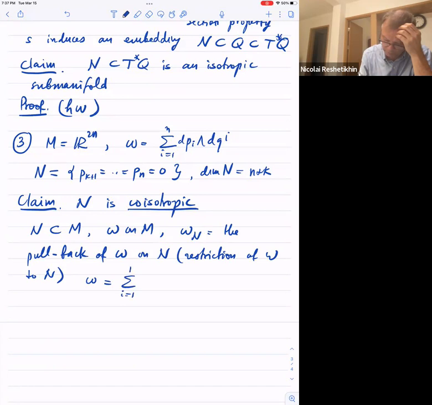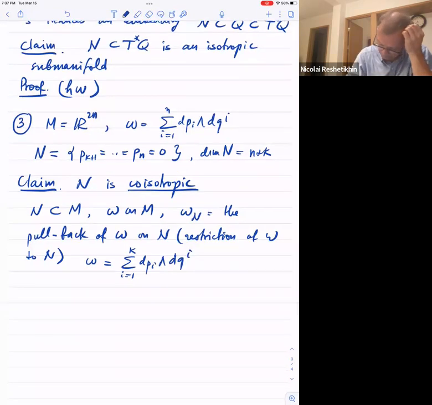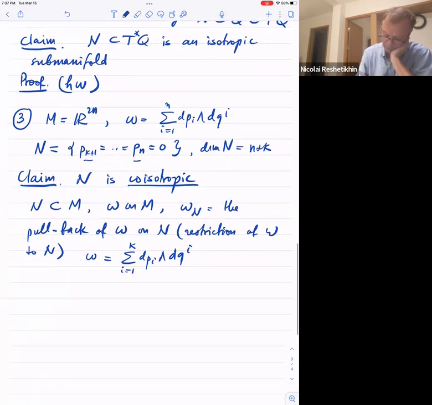By definition, it's the sum over i of dp_i dq_i. But now the sum is not to n, but to k. The coordinates that are conjugate to these momenta don't participate in this form. You can compute it using the definition.